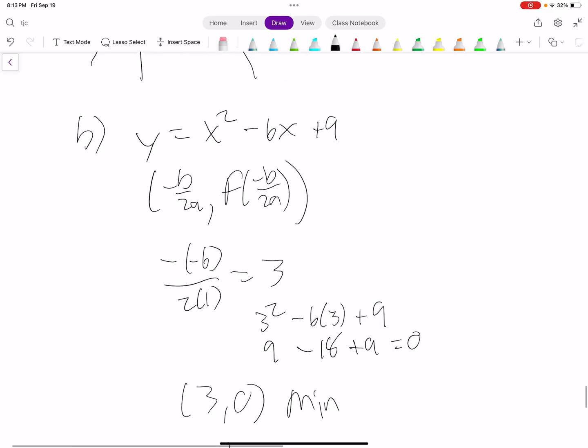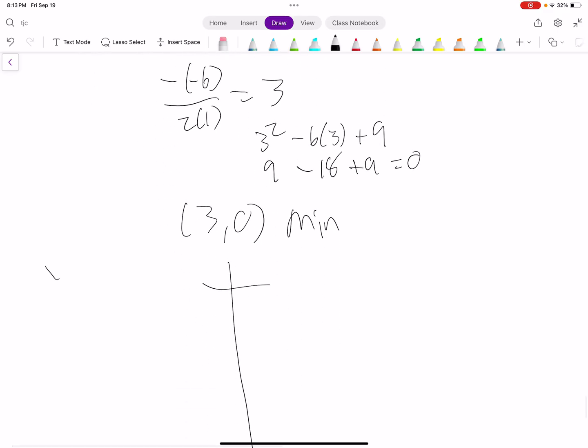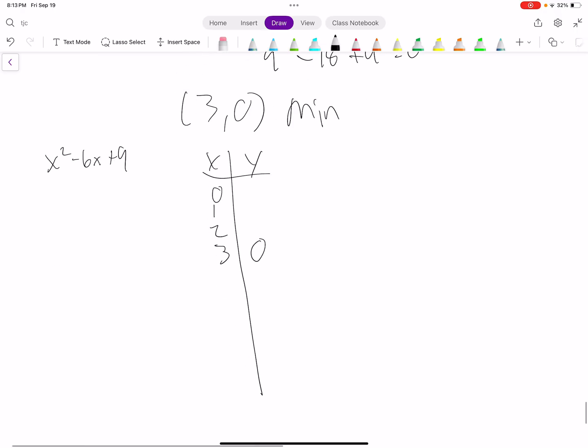I'm going to write my function here so I don't forget it. x squared minus 6x plus 9. Okay, x, y, I put the vertex in the center. I'm going to go down 3: 2, 1, 0, and up 3: 4, 5, 6, and then just plug them in.